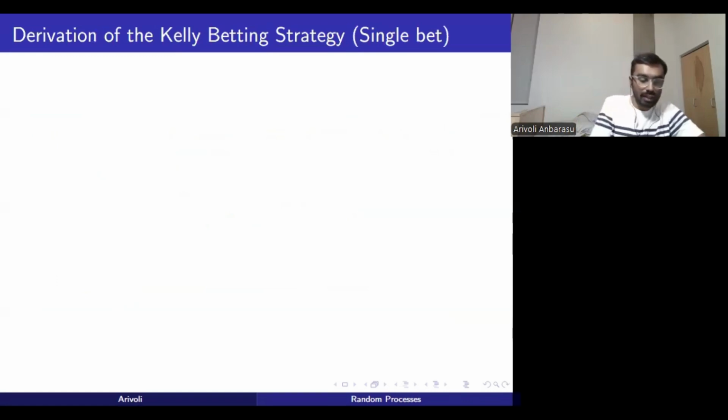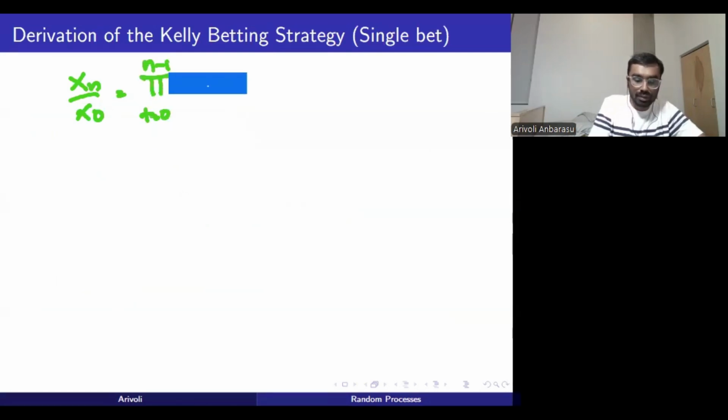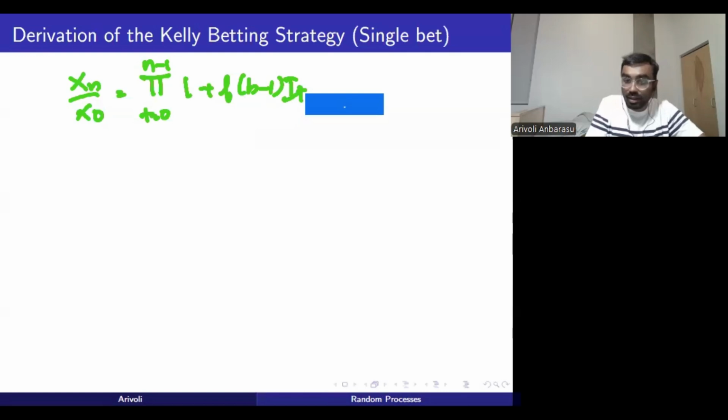So we have xn by x naught equal to the product from t equal to 0 to n minus 1 of 1 plus f times p minus 1 it minus f times 1 minus it.